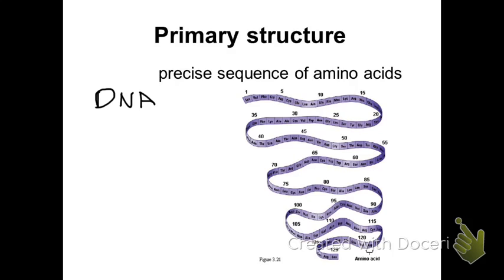This is called a gene. And the DNA gene codes or makes another molecule called messenger RNA. And just as it sounds, messenger RNA carries the message to make a protein.